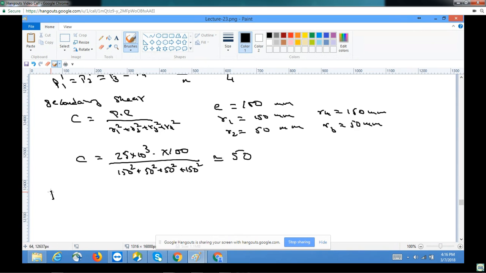So P1 double dash is equal to C times R1, that is 50 into 150, which equals 7500 newtons.